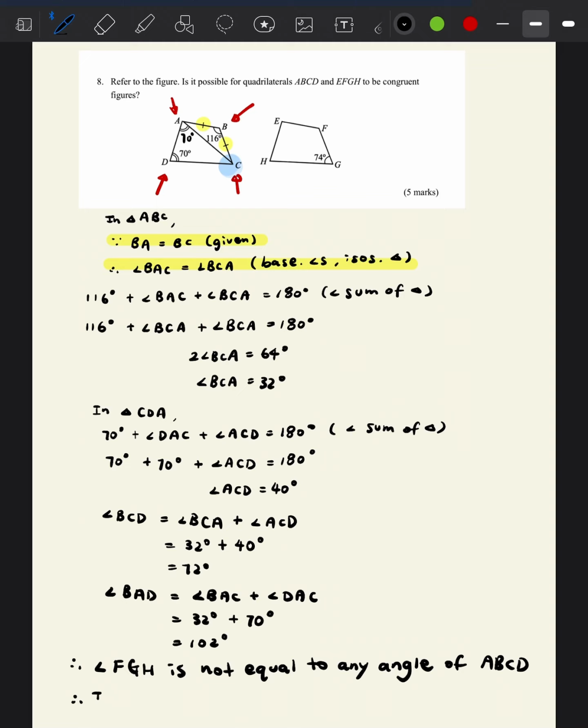So therefore it is impossible for them to be congruent.